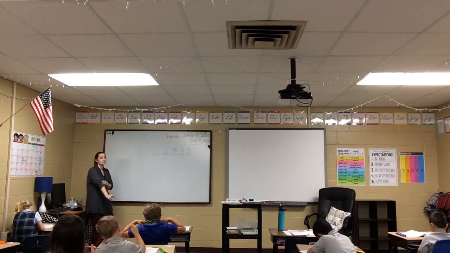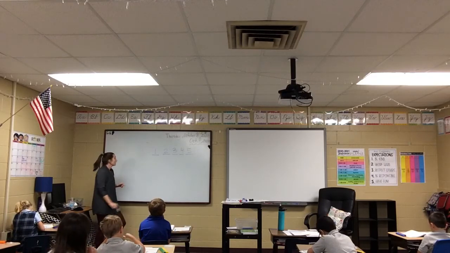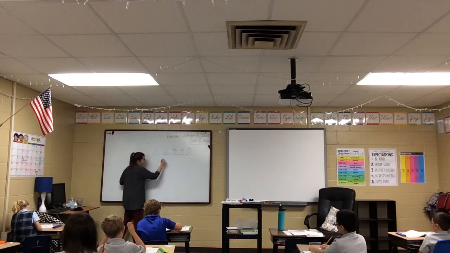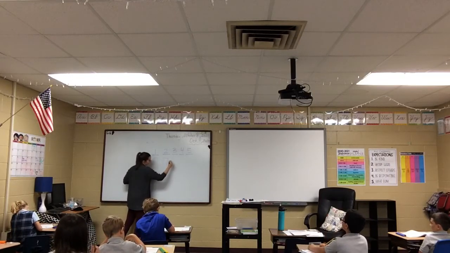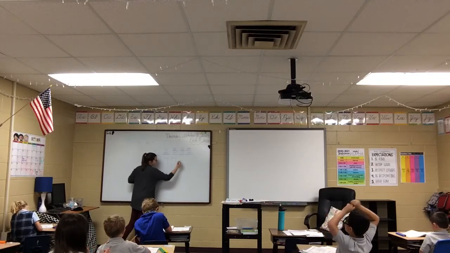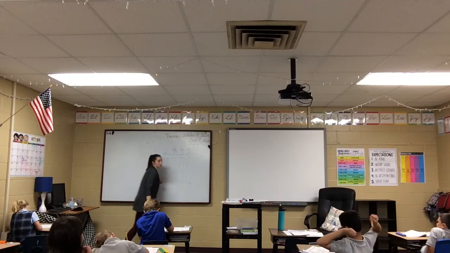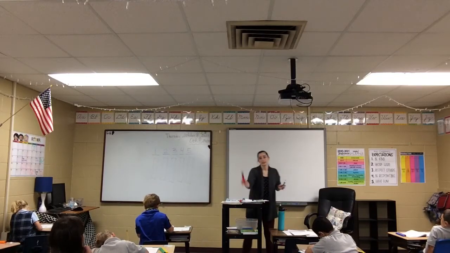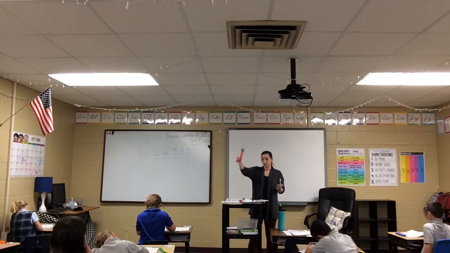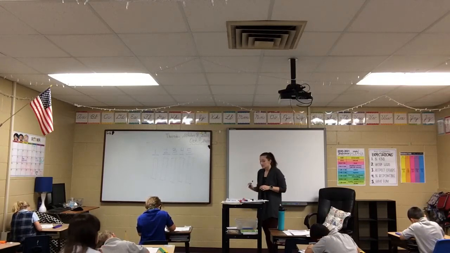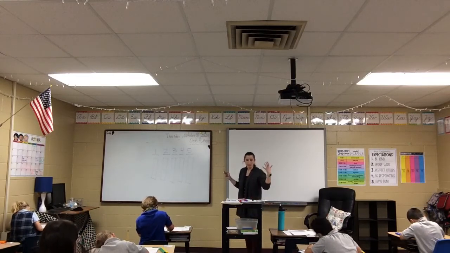Brayden? 10. So we're going to draw our 10, right? Because we know each one of these is how many? 10. How many is each one of these? 10. Okay? Then it says he has some laying on his desk.